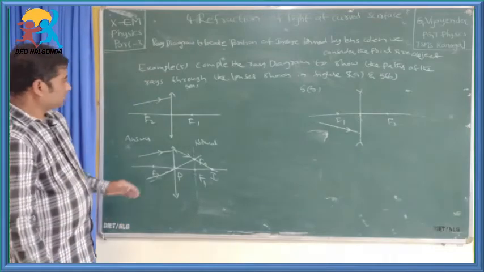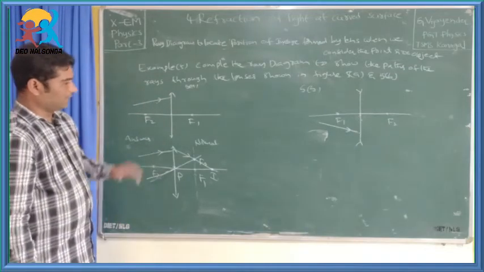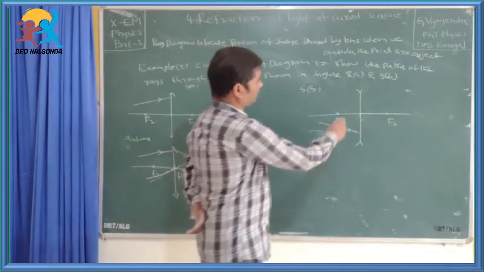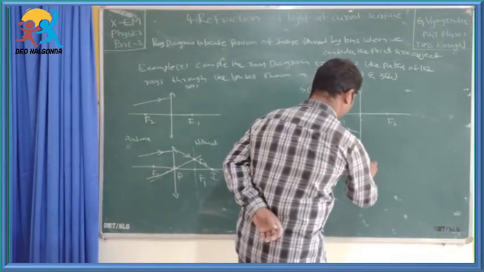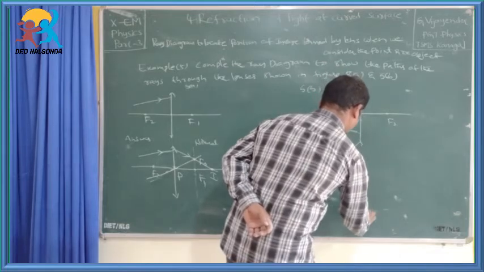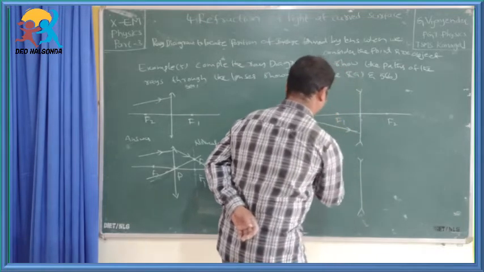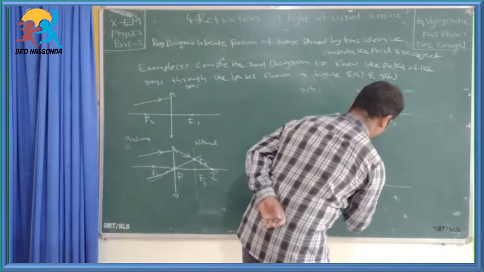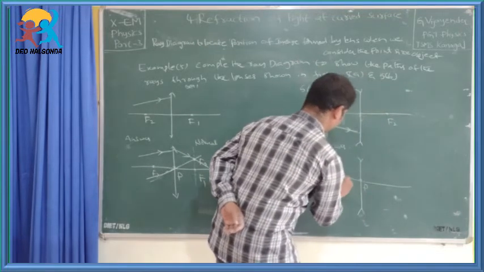That was for the convex lens. In 5b case, we have the concave lens. So draw the lens again. This is the optic center.